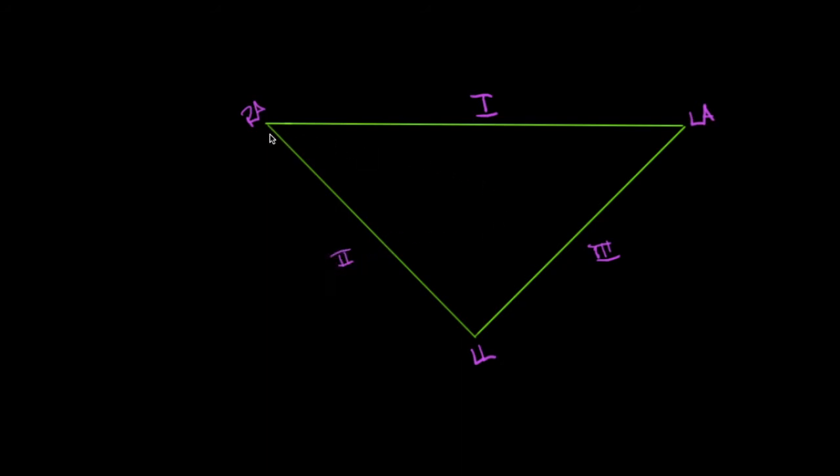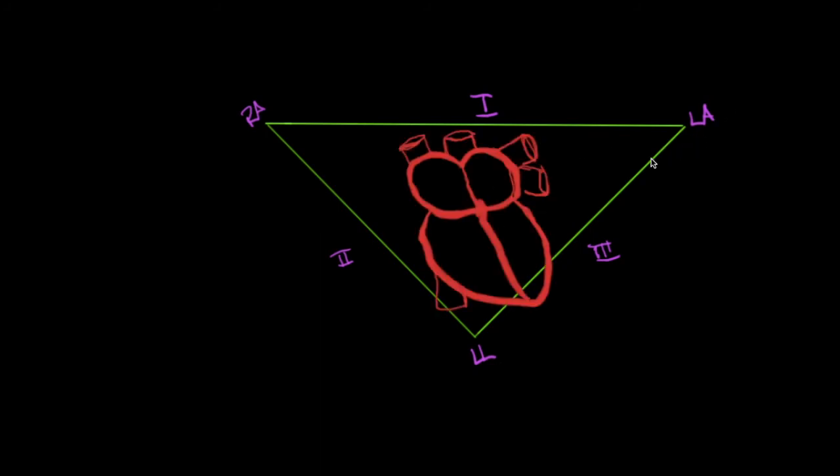Now, the number leads are called bipolar leads because they use 2 leads to get information. Our augmented leads are unipolar. They only use 1. But to make things easier, I like to think about it that the heart is the other lead when it comes to the augmented leads.